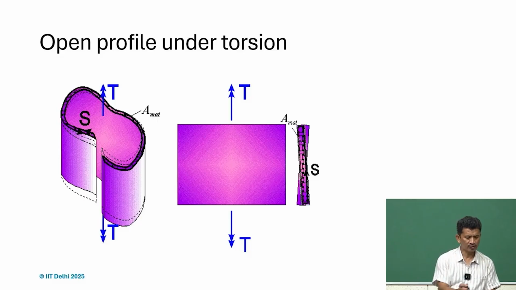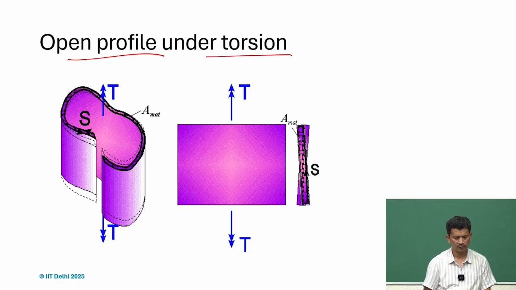So now if we consider an open profile under torsion, where we have a tube, but there is a slit, so it's an opening along the length. If that is the case, and if we apply the torque at the ends, we realize that there will be deformation and it will slip.